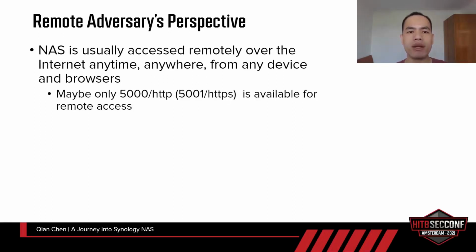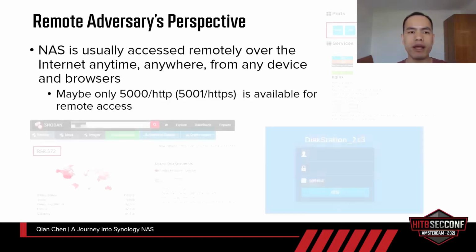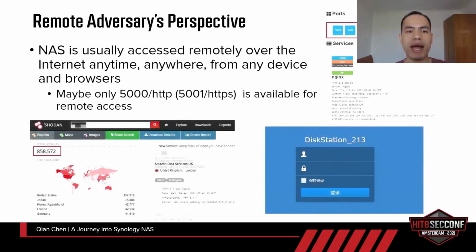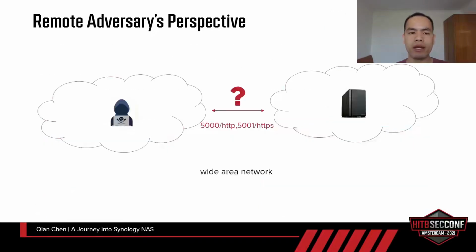That is, maybe only port 5000 is available in this situation. By simply searching for online devices through Shodan, it turns out that, indeed, only a few ports are accessible. Again, suppose you are an adversary. What can you do in this remote situation?